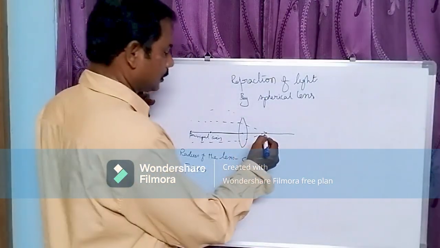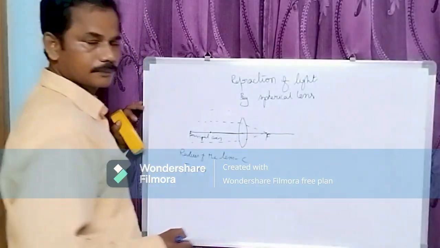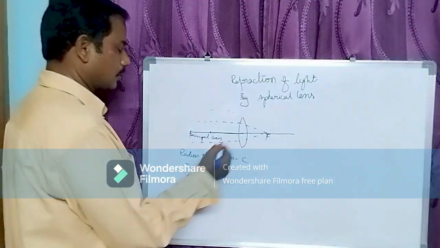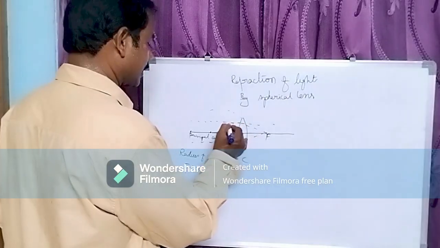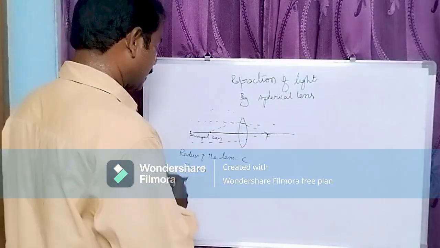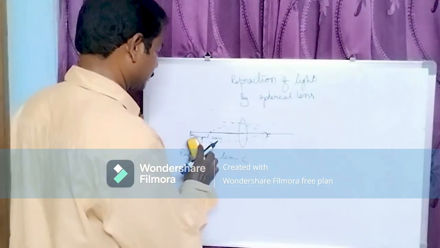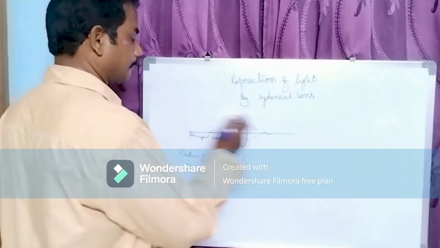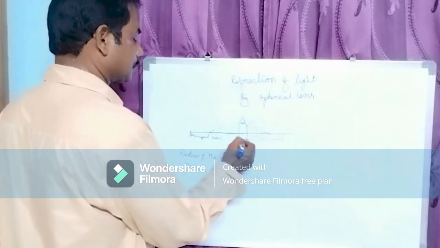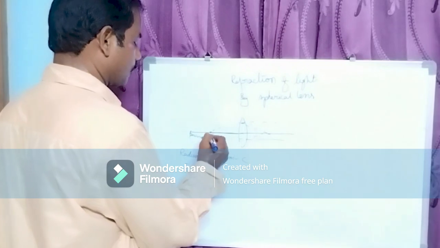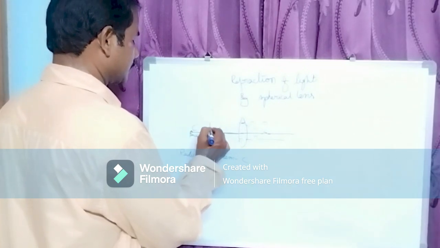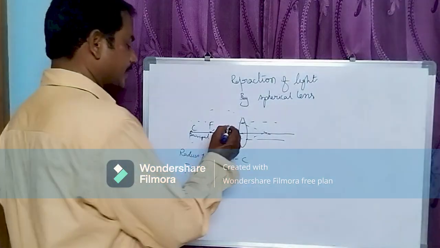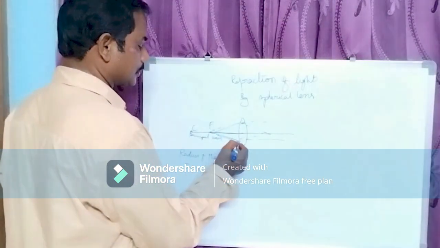This is called focus. I think you are getting my point. When parallel rays pass through this lens, they focus at a point. This is the center, this is the focus. Those rays converge at one point.